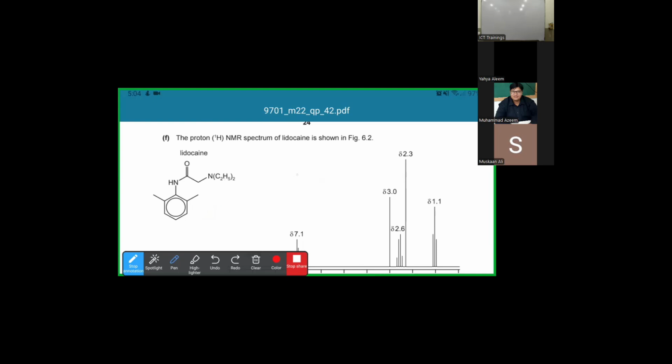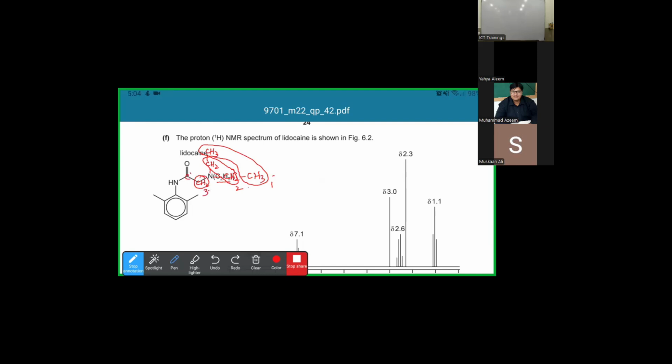Okay, I'm going to draw the full structure. Let's check it. This C2H5 twice means CH2 and CH3 on one side and CH2 and CH3 on the other side. So these two carbons are present in the same environment. These carbons are present in the same environment. So this is 1, this is 2. This CH2, this carbon is present in the third environment.